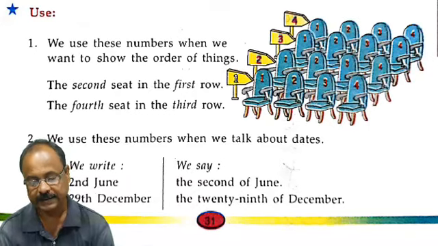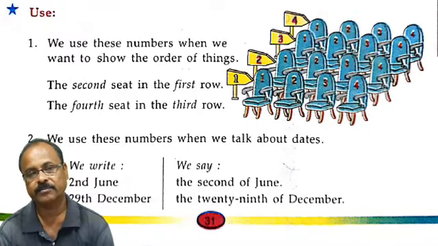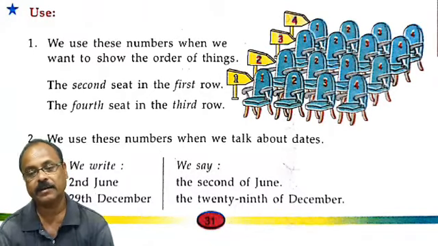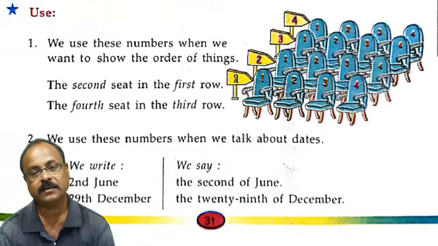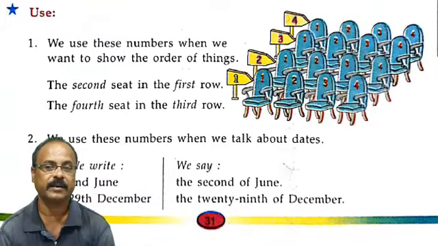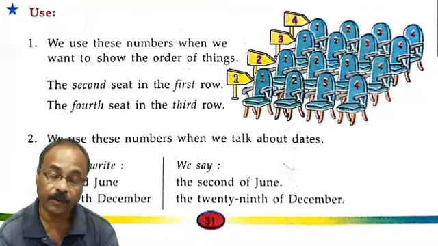It is read as second, not two. Then somebody sits in 4 number seat. That is read as fourth seat.